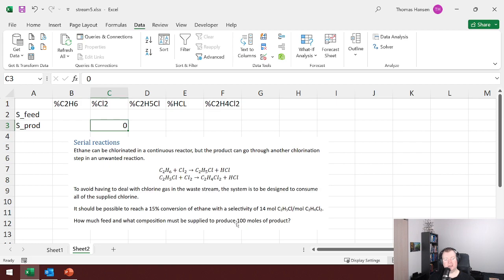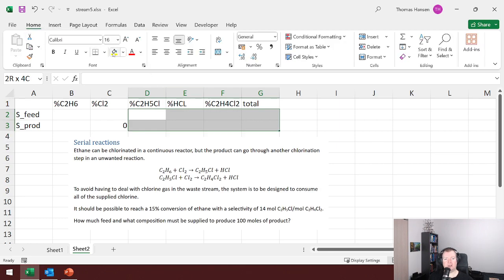How much feed and what composition must be supplied to produce 100 moles of our product? Okay, so that means in total I have no idea. Actually, all of these, we don't know what they're going to be.